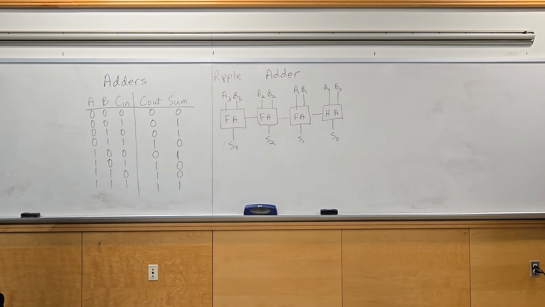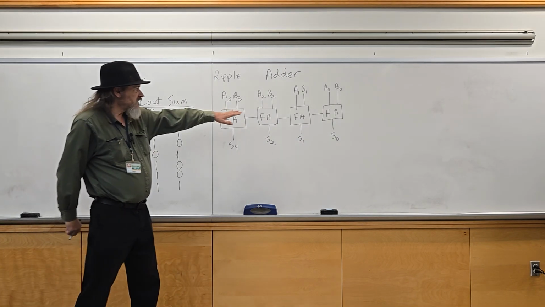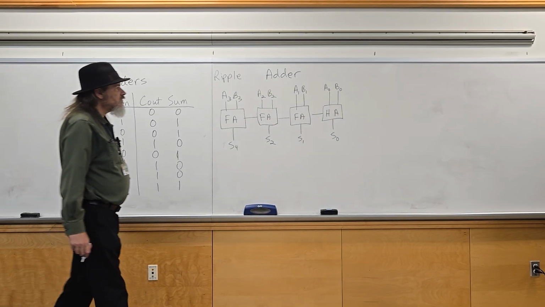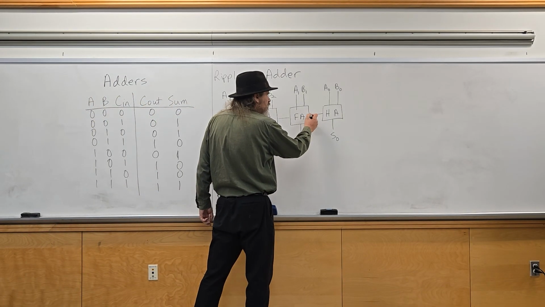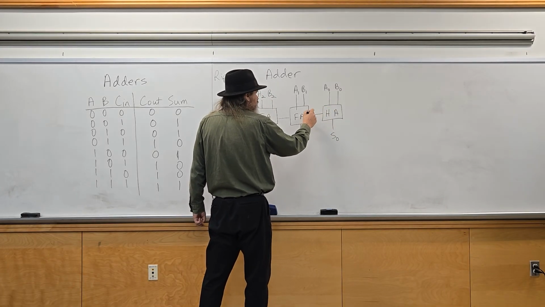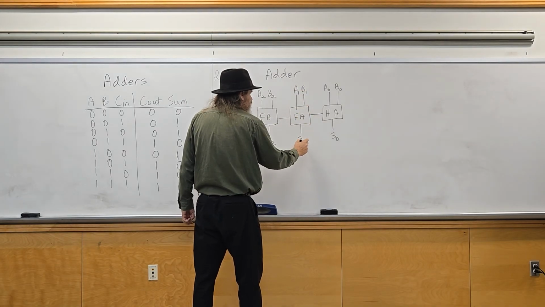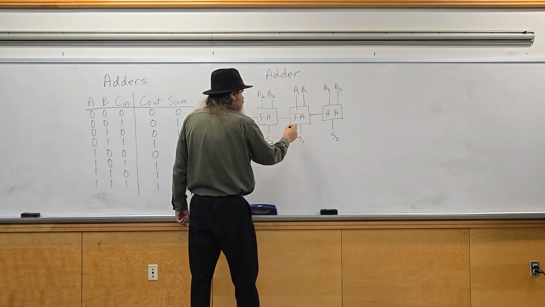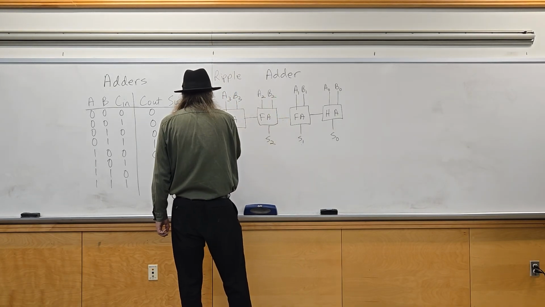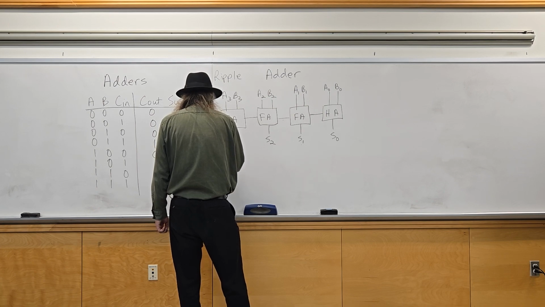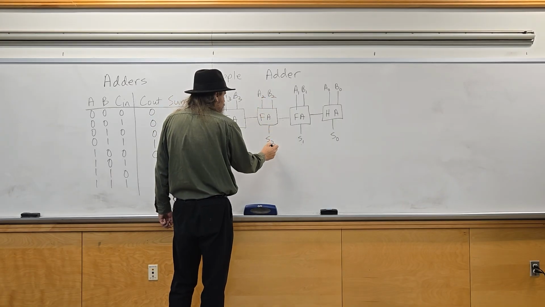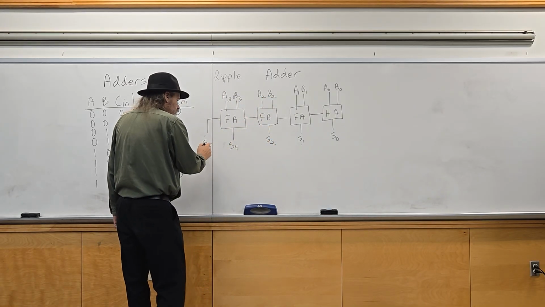This is for a 4-bit adder. When this result is valid, the carry out here is valid, and this can calculate S1, and then we'll have carry out here, and then this one would be valid, then this one would be valid, and then this one would be valid.